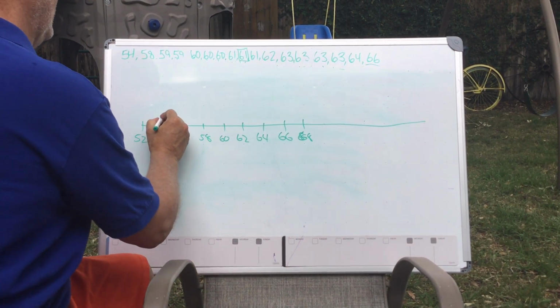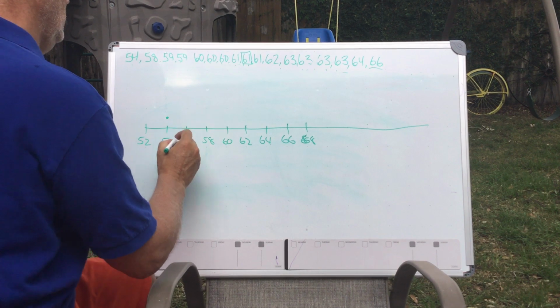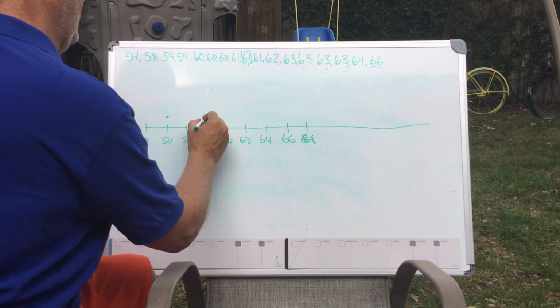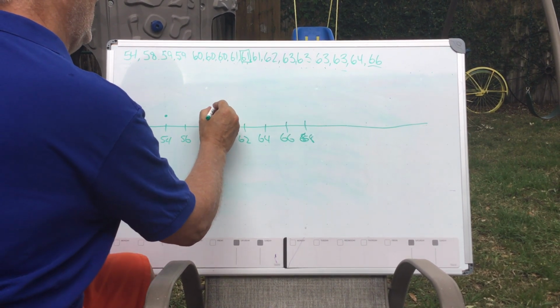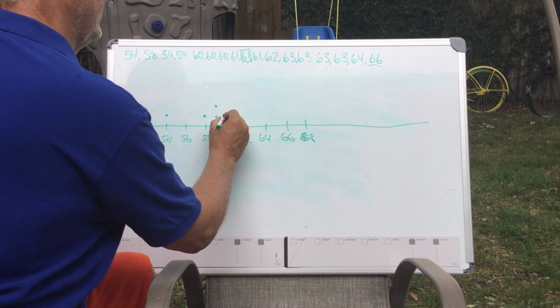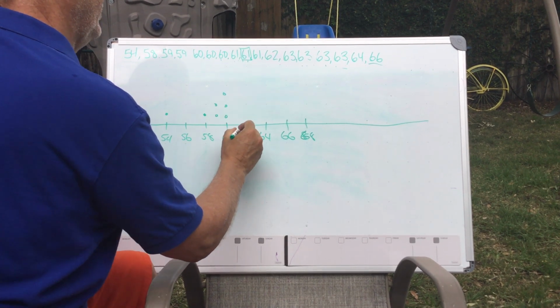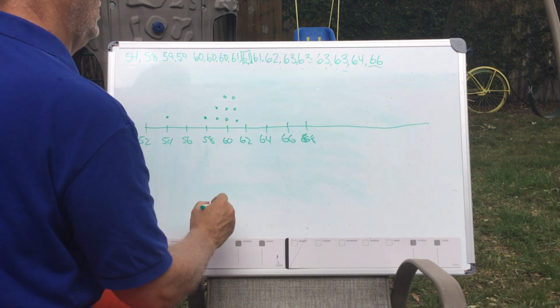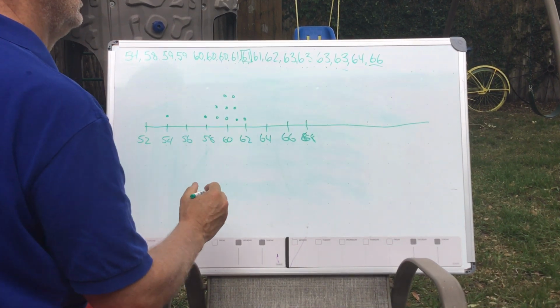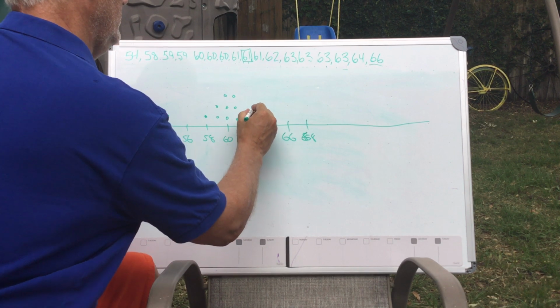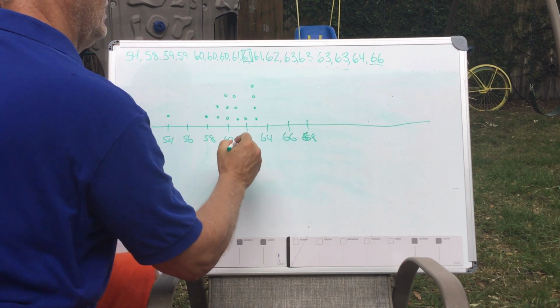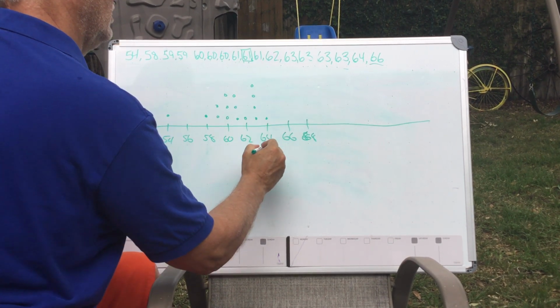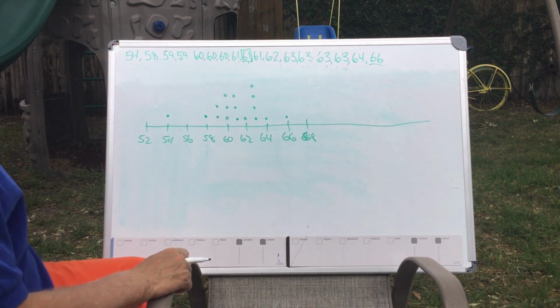So 1 dot at 54, 1 dot at 58, 2 dots at 59, 3 dots at 60, 3 dots at 61, 1 dot at 62, 4 dots at 63, 1 dot at 64, and 1 dot at 66.